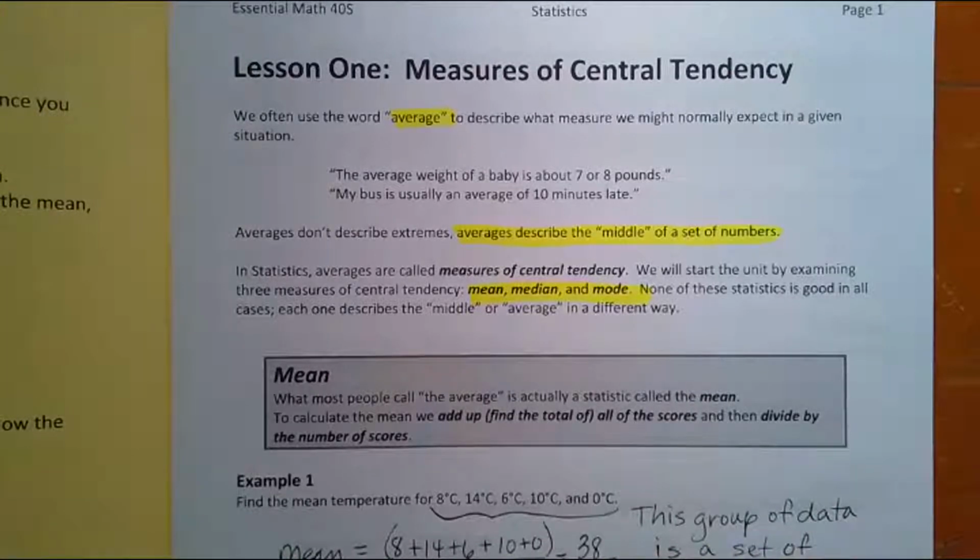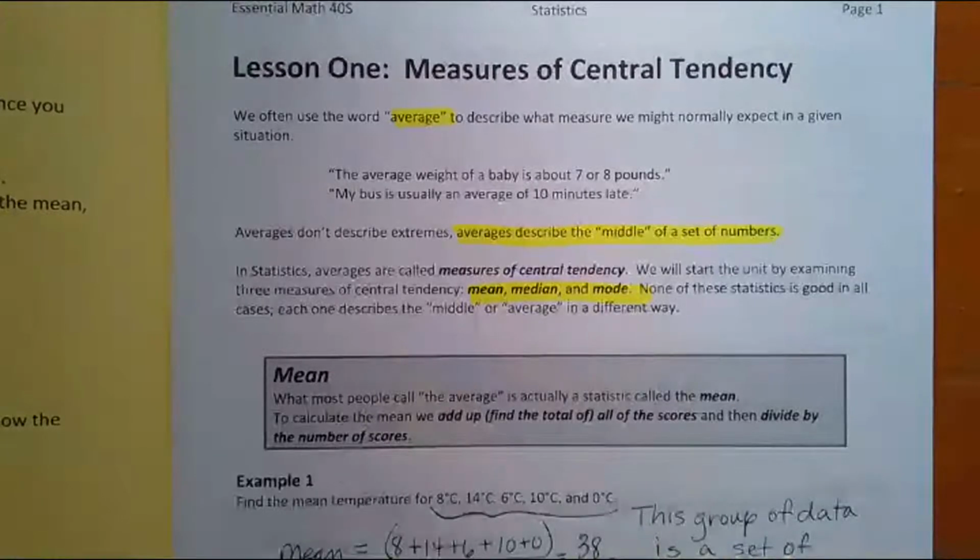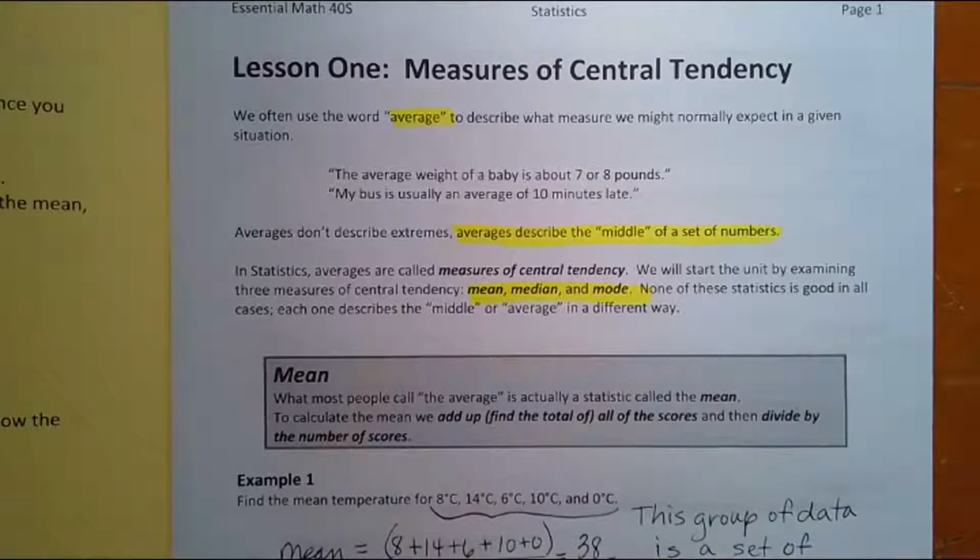So if this was the set of data that I was studying, I would say the mean temperature is 7.6 degrees Celsius. Okay, that's it.